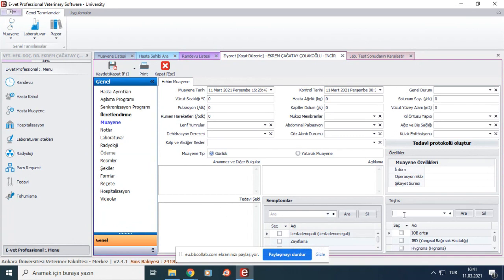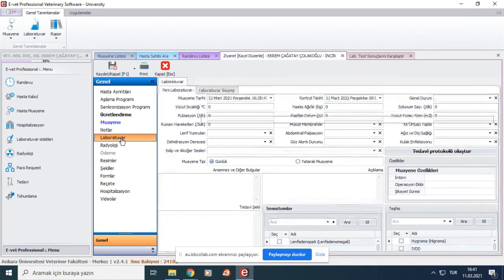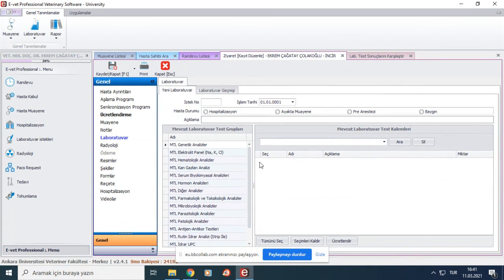And here is the diagnosis section. You can choose in this diagnosis section what the main problem is. For example, hygroma, you can choose it. After that, if you need laboratory analysis, you can choose whatever you want in this section. You can send the samples to microbiology units.